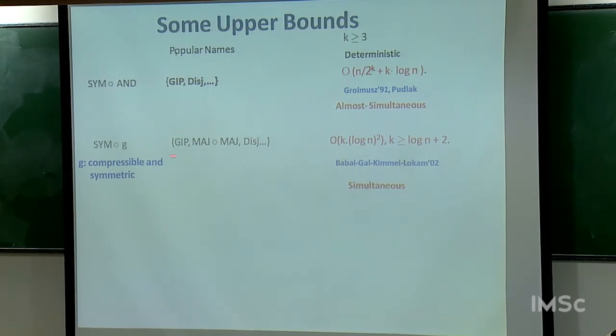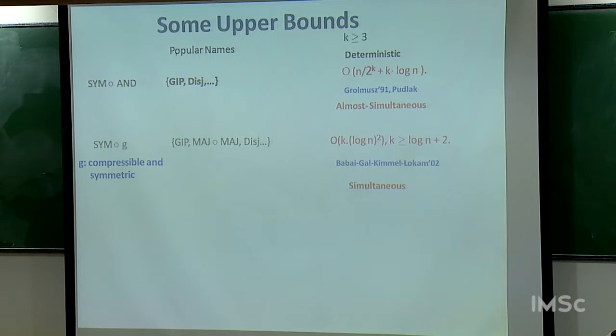What they showed is that what's special about these functions is that the inner function g belongs to a class called compressible and symmetric functions. I won't go into the details of what is compressible, because of a lack of time. But the point is, these are very special functions.